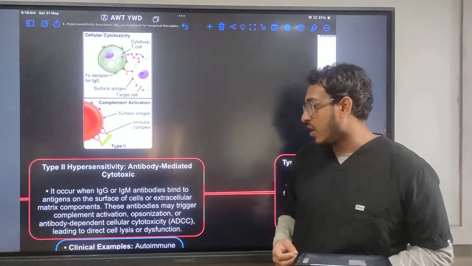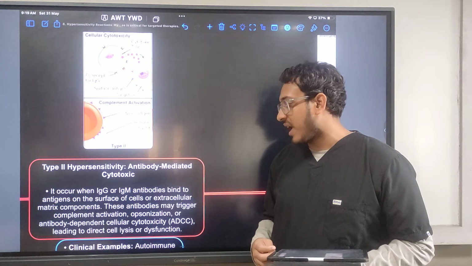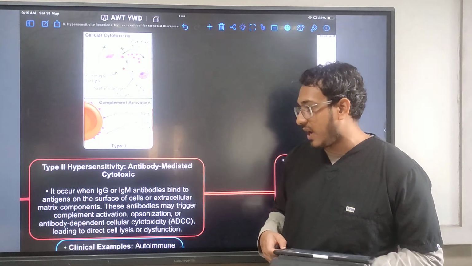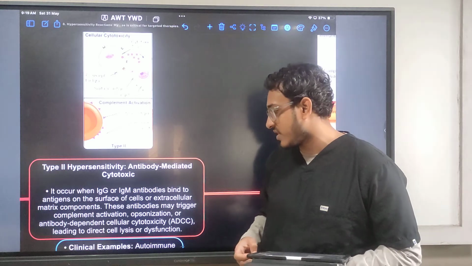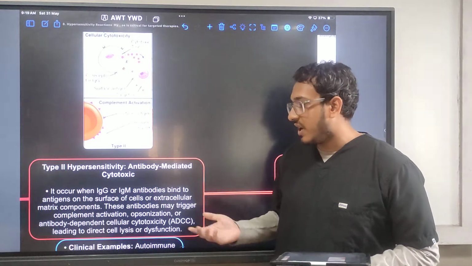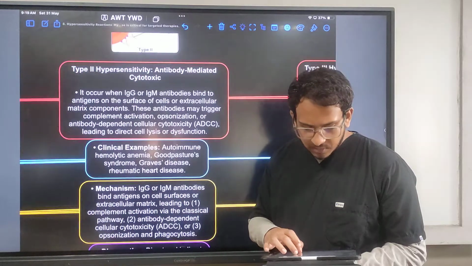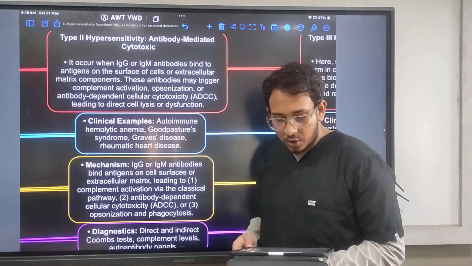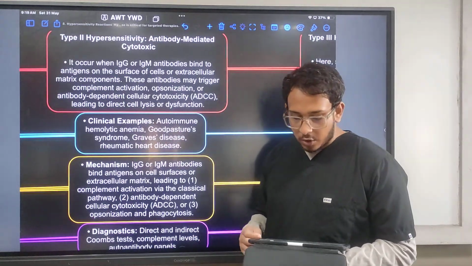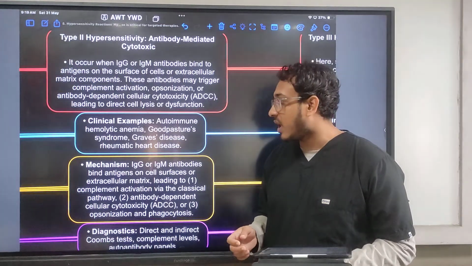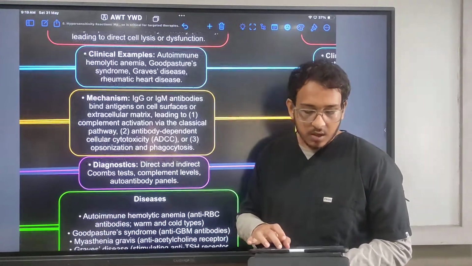So these antibodies may trigger the activation of the complement system, and opsonization or antibody dependent cellular cytotoxicity. So this will lead to direct cell lysis or cellular dysfunction. The clinical examples are autoimmune hemolytic anemia, Goodpasture's syndrome, Graves' disease, rheumatic heart disease, etc.